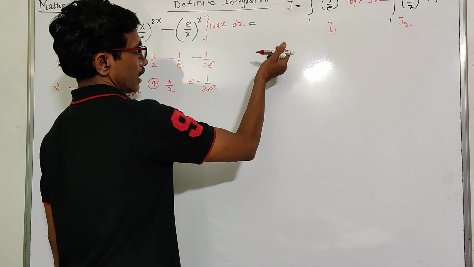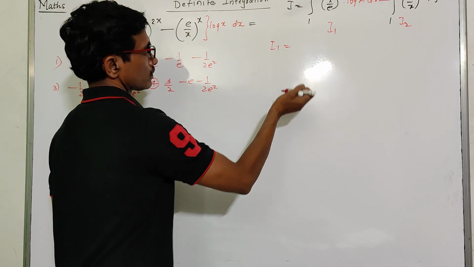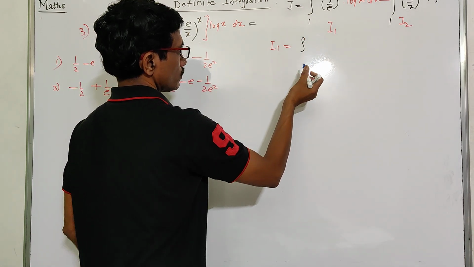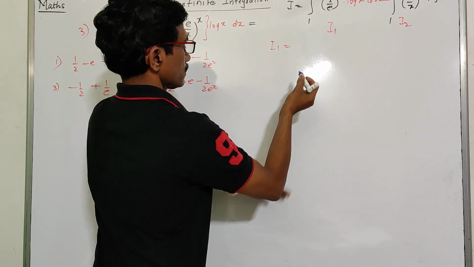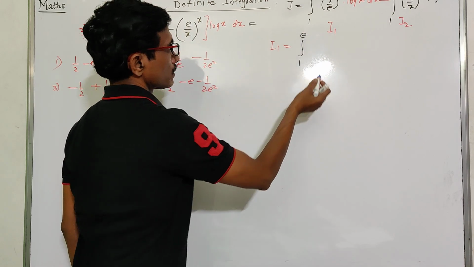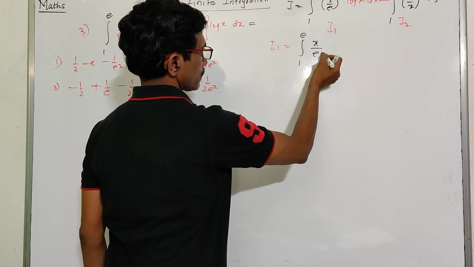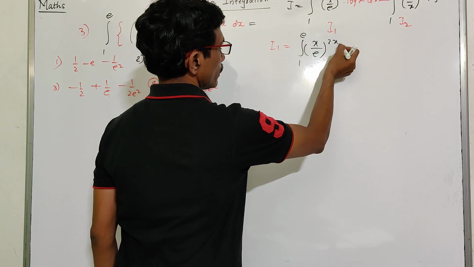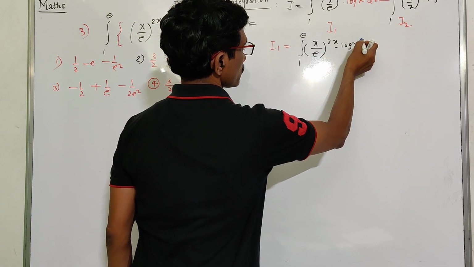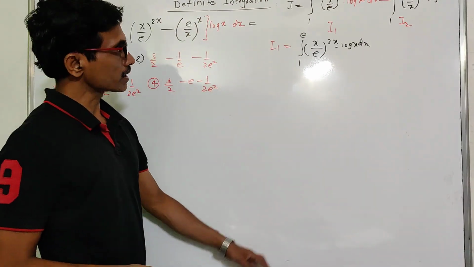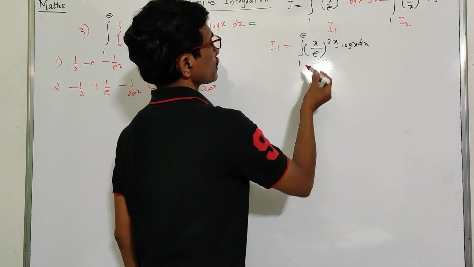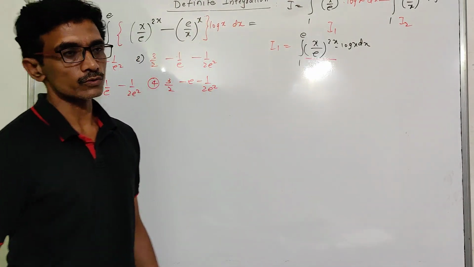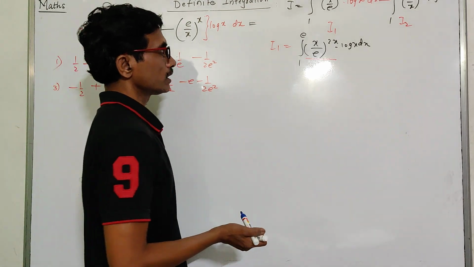First integral, say I1 is equal to integral 1 to e x upon e raised to power 2x log of x dx. We make substitution, that is x upon e raised to power 2x is equal to t.